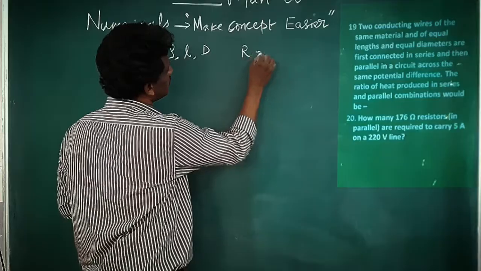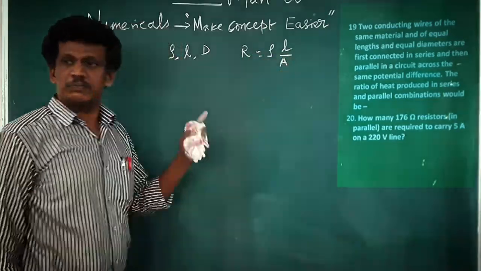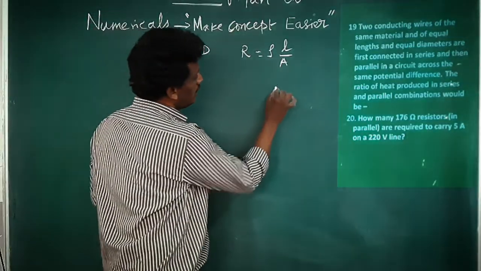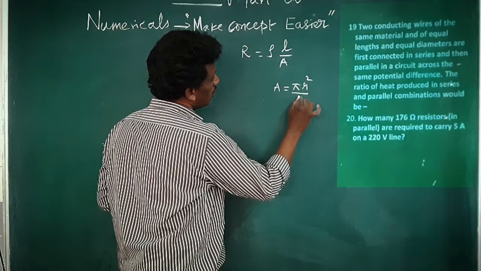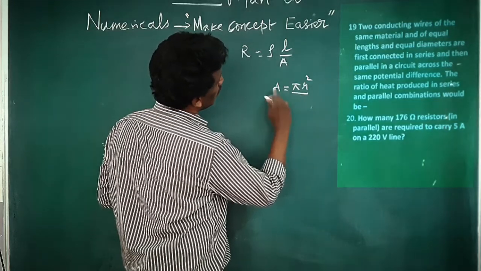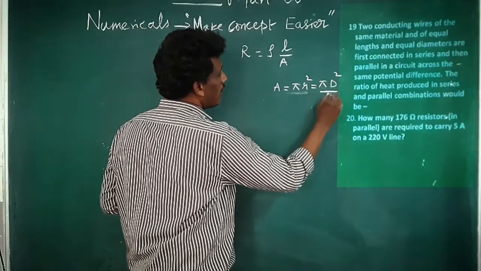The resistance, immediately go to the formula R equal to rho L by A. This is the basic formula. What is A? A equals pi R squared, or pi D squared by 4.